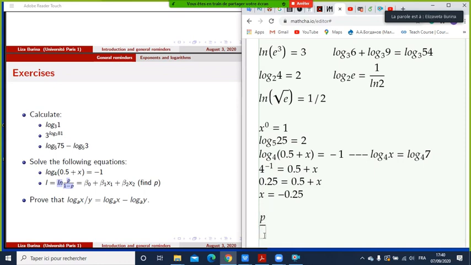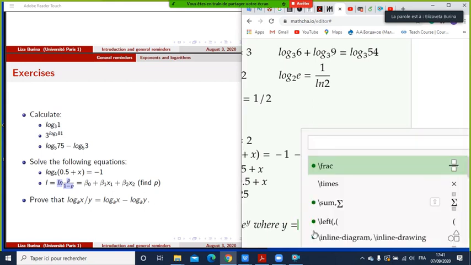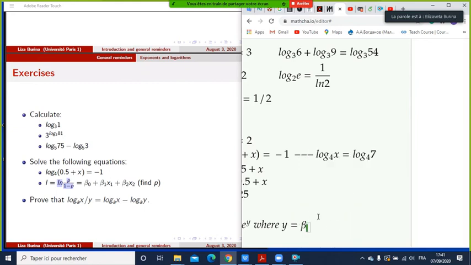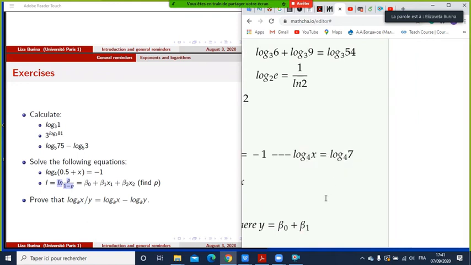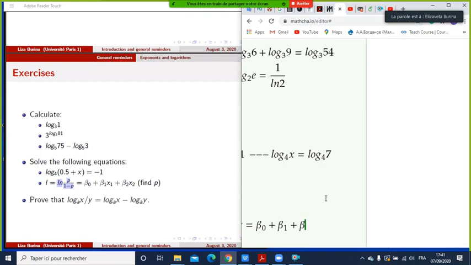Well, like that. P over 1 minus P equals e to the power of y, where y equals our thing, beta 0 plus beta 1 and plus beta 2.